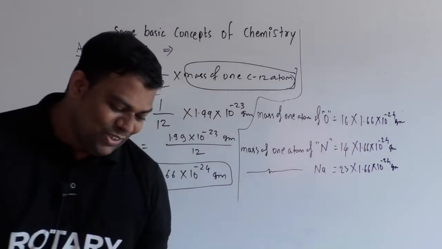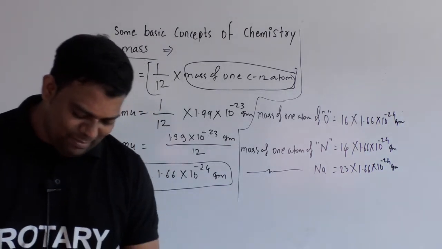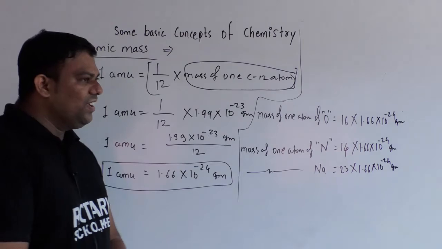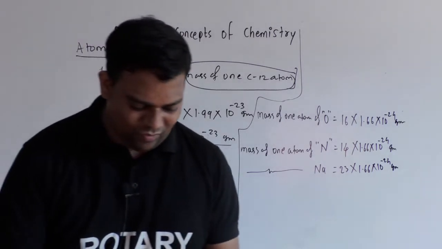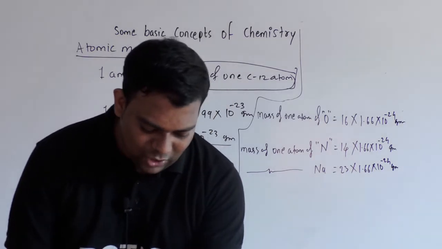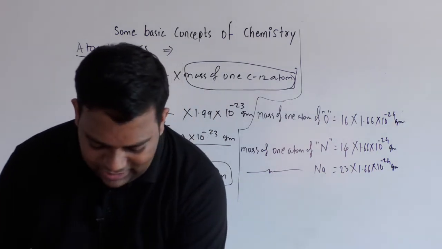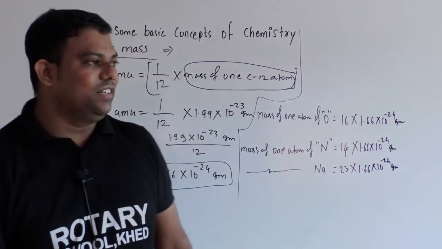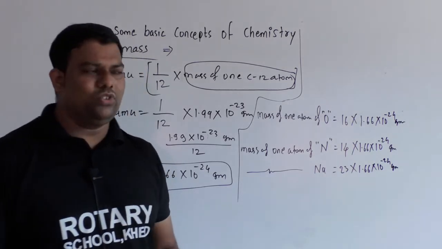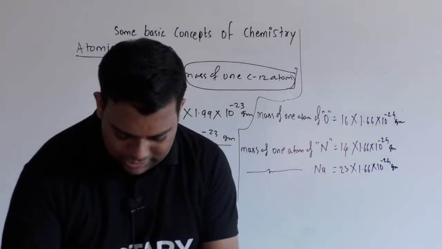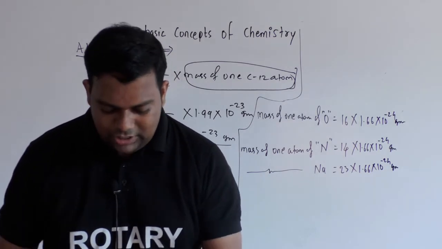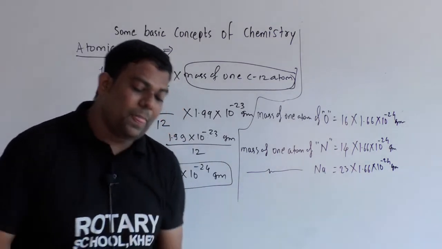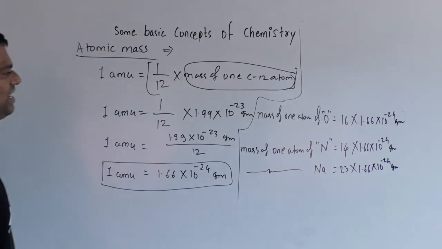So always keep in mind, the mass in gram, at that time we call it a gram atomic mass. So that also we are going to discuss. Now see, this we discussed regarding atomic mass.